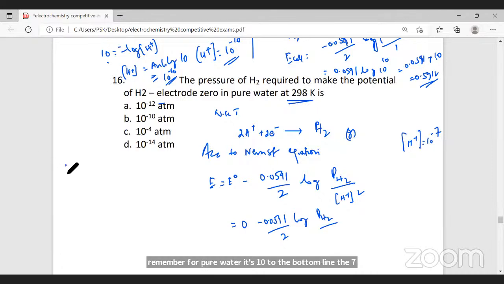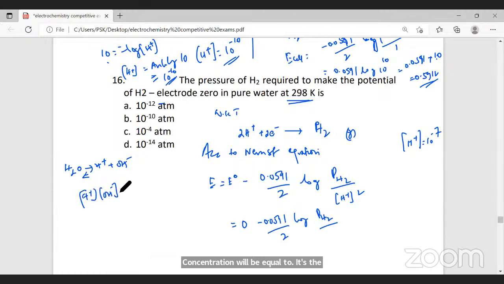Because water will dissociate to form H plus and OH minus ions, and H plus into OH minus concentration is 10 to the power minus 14 mole square per decimeter cube. Therefore, the H plus ion concentration will be 10 to the power minus 7. Remember this. So it will be 10 to the power minus 7, the whole square.